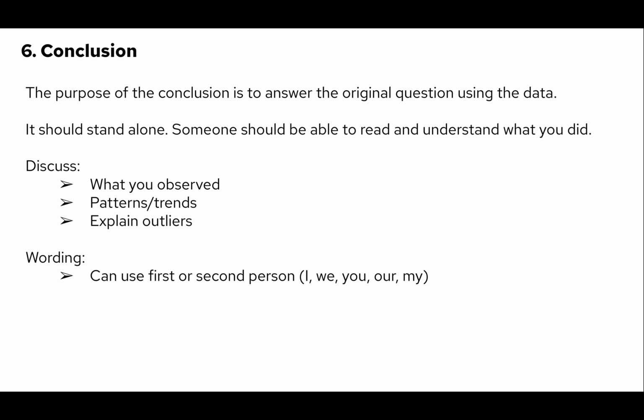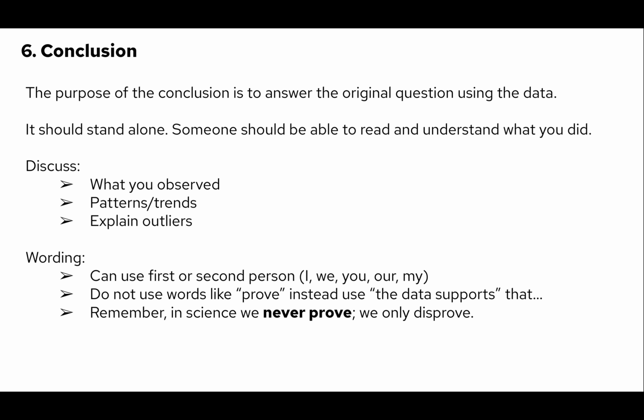For your wording, you can use first or second person, so you could use words like I, we, you, our, and my. But do not use words like prove. Instead, use the data supports that. Remember, in science, we never prove, we only disprove. And remember also to cite any research in your text and in your bibliography.